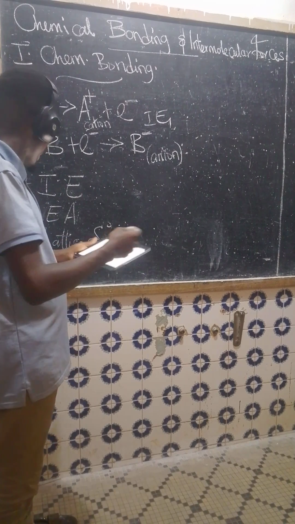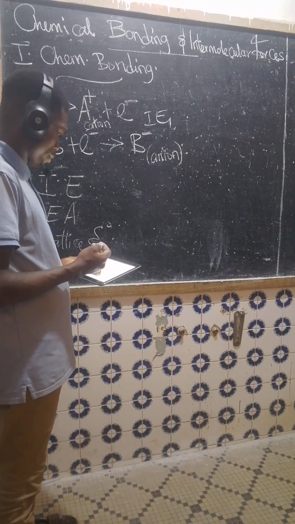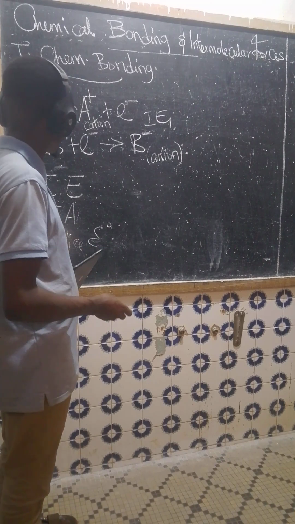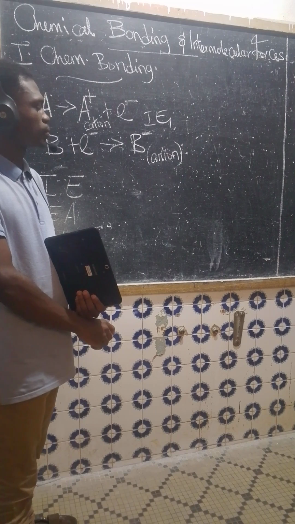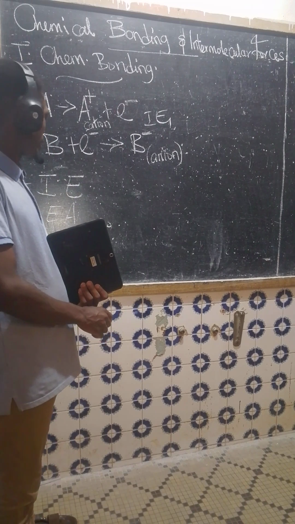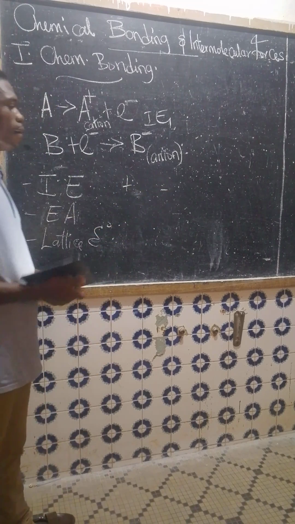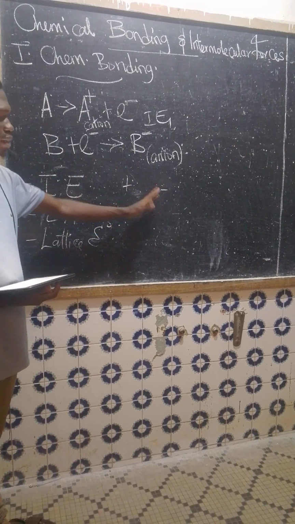It happens in the formation of ionic compounds. For example, if you have a compound like sodium chloride, there is lattice energy, where you have a positively and a negatively charged ion.